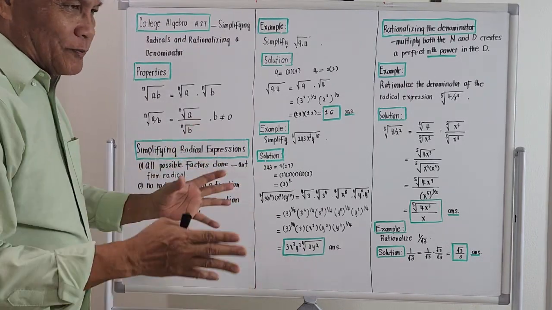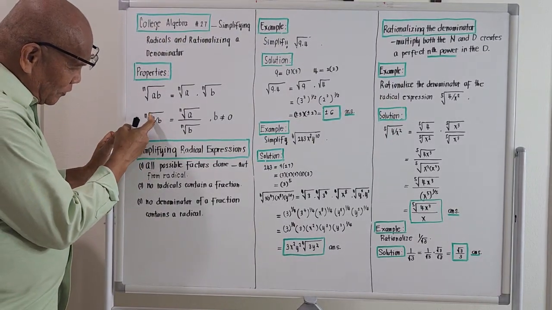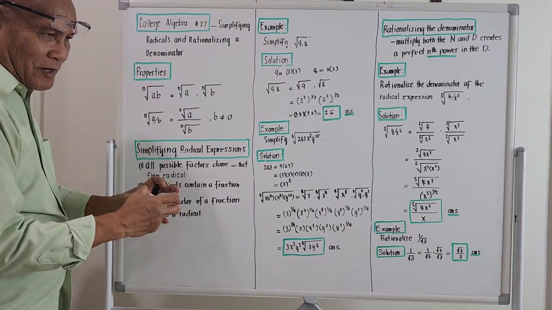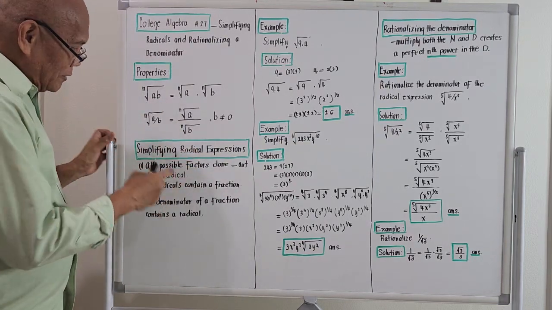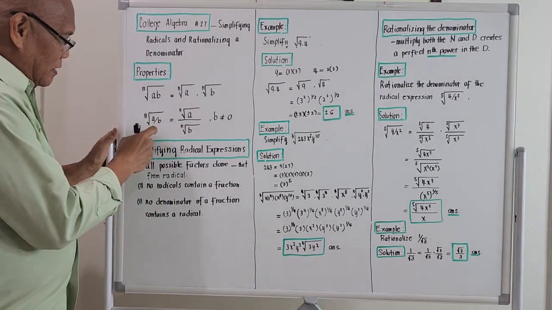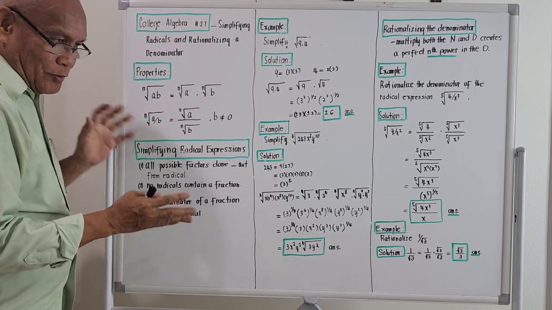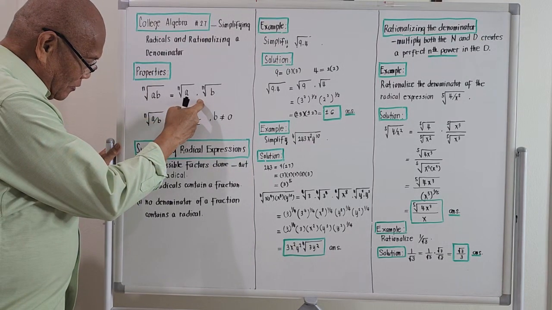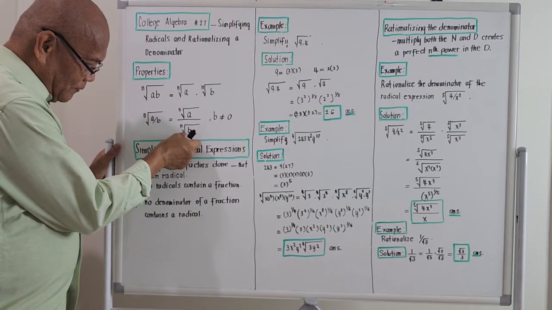The next one will be under quotient. The nth root of the quotient A over B. There are two radicands inside, and the operation inside is division. On the first one, it is multiplication. On the second one, it is division. So if I read this one, the nth root of the ratio A over B should be equal to the nth root of the numerator all over the nth root of the denominator, right?